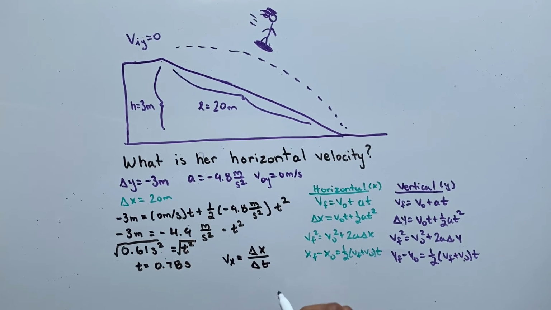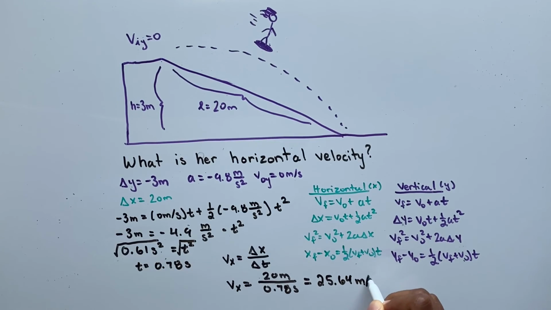So in this case, it will be our horizontal displacement divided by our time. So our horizontal velocity equals 20 meters divided by our change in time. And this will give us a total of 25.64 meters per second for our horizontal velocity.